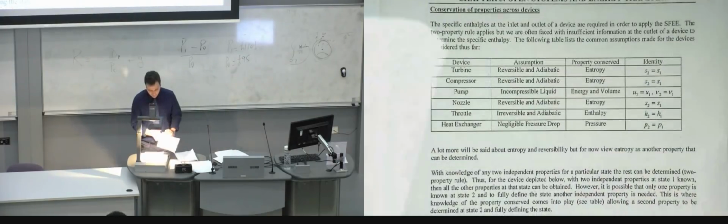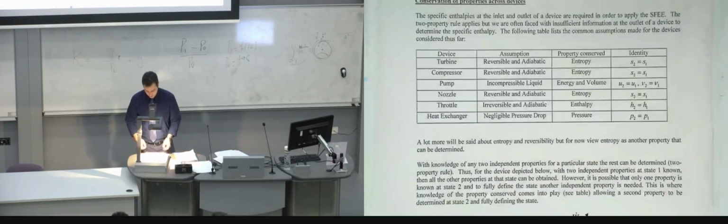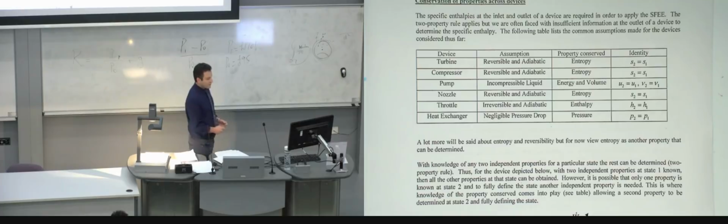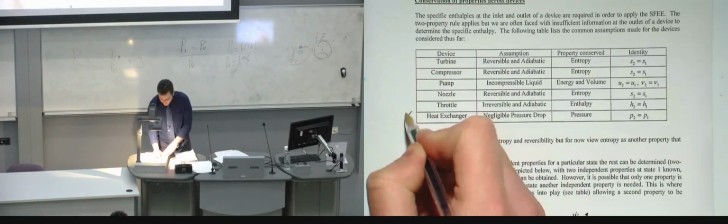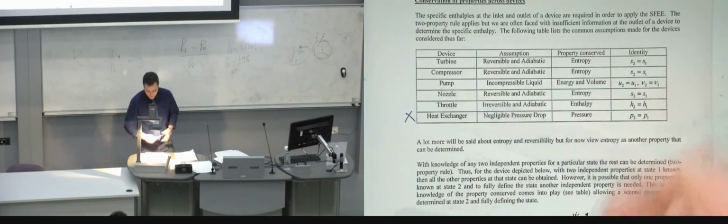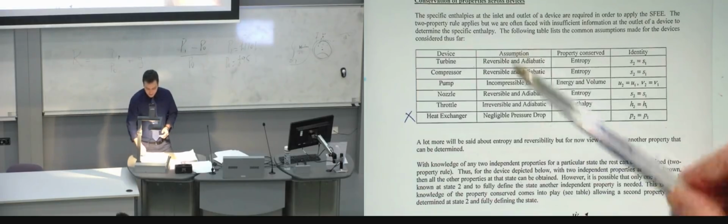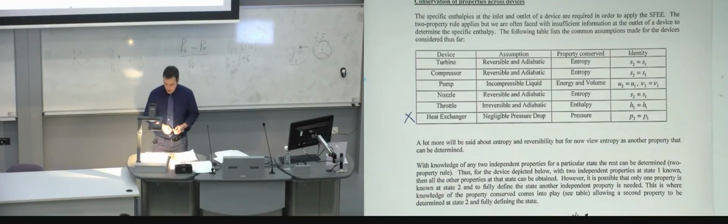Before we finish off this chapter, I want to go through the table on page 5.13. This table is a very good summary of the devices that we've covered so far, except the heat exchanger, which we haven't covered. For the five devices that we've covered, there are some assumptions and some properties conserved, as you can see here.